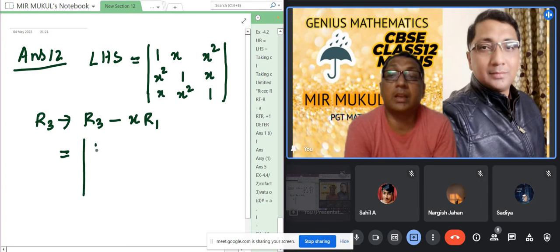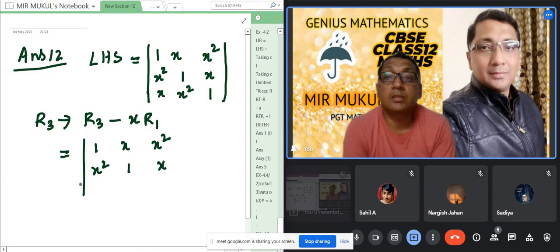So here we are getting 1, x, x square, 1, x. Multiplying by x and subtracting, this is 0. If you subtract, then this is also 0. And multiplying by x and subtracting, it will be 1 minus x cube. Right?